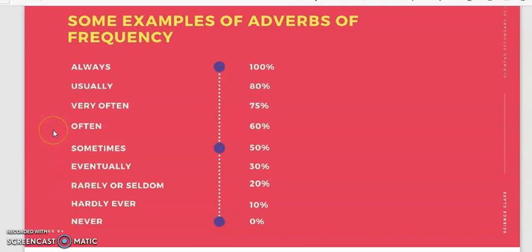Okay, I'm going to explain this part in Spanish so that it is clear. Okay, tenemos esta lista de adverbios de frecuencia y al lado tenemos unos porcentajes. ¿Qué quieren decir esos porcentajes? Representan el número de veces o la frecuencia con la que hacemos la acción que se modifica. Si yo digo, I always go to that park, significa que siempre que salgo al parque voy a ese.